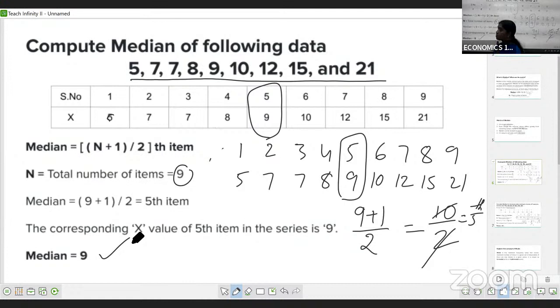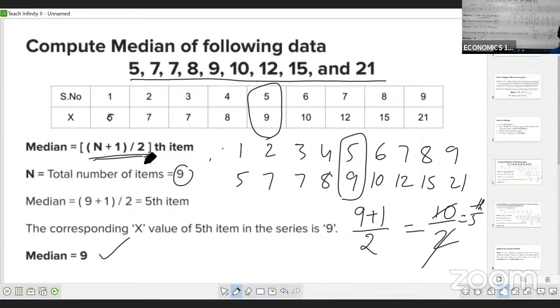They will give one data set and ask you to compute the median. I hope you understood. Don't forget this formula. Whatever example they give, whatever numbers they give you, if you know n plus 1 divided by 2, use this formula and calculate it. Okay, fine.